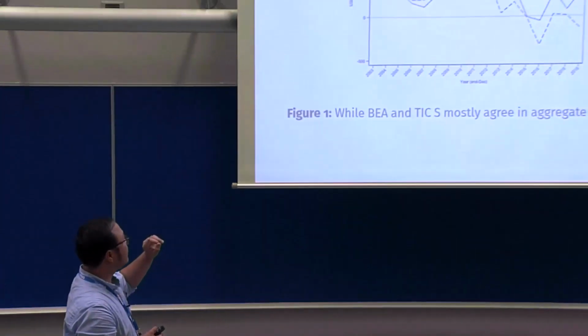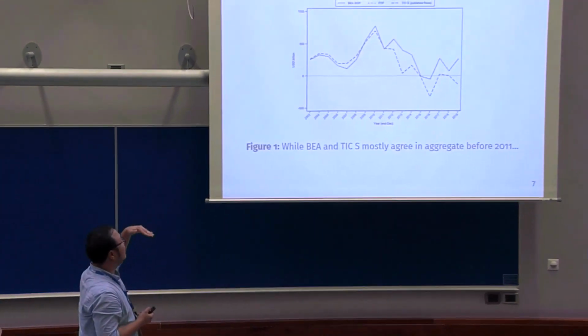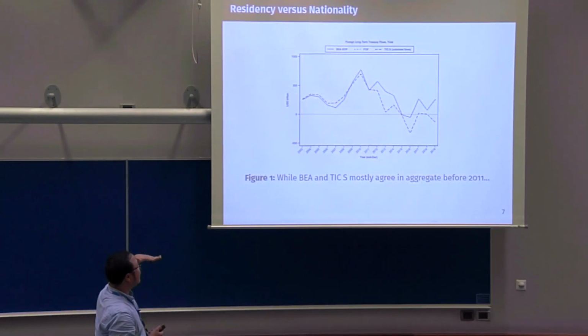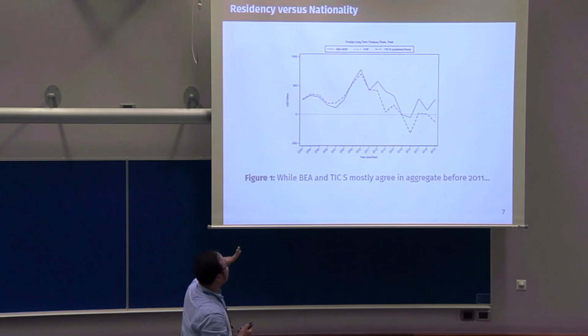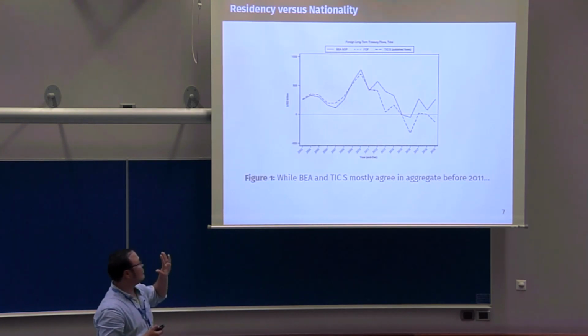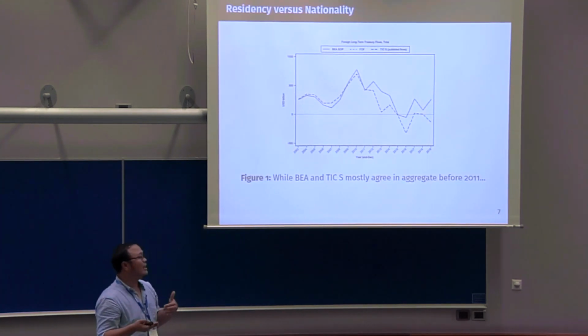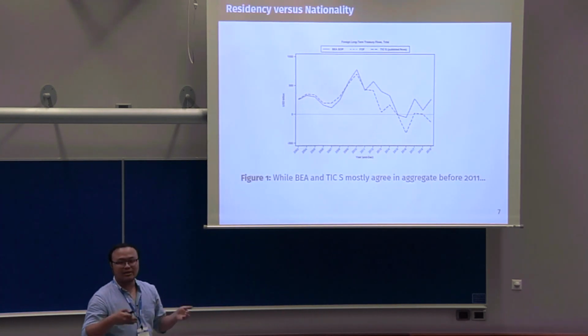Okay, so just to highlight the residency versus nationality struggle. Now, this is the series illustrating flows of long-term treasuries to foreigners, BEA versus the TIC-S data. As you can see, the two series are actually very similar before 2011. And if you look up the BEA FAQ, they say that they rely on the TIC-S to construct this series. And that's why they are very similar.